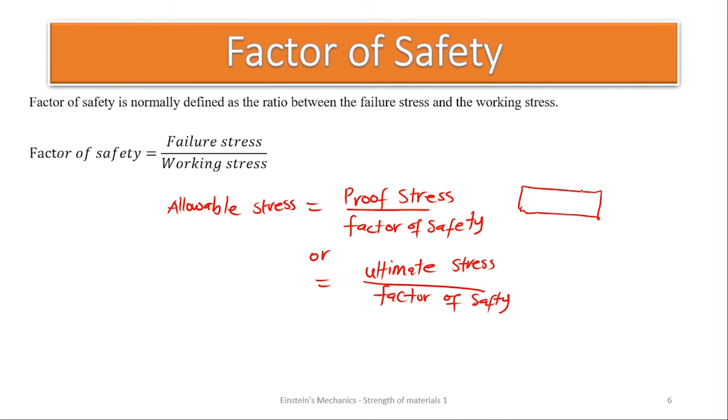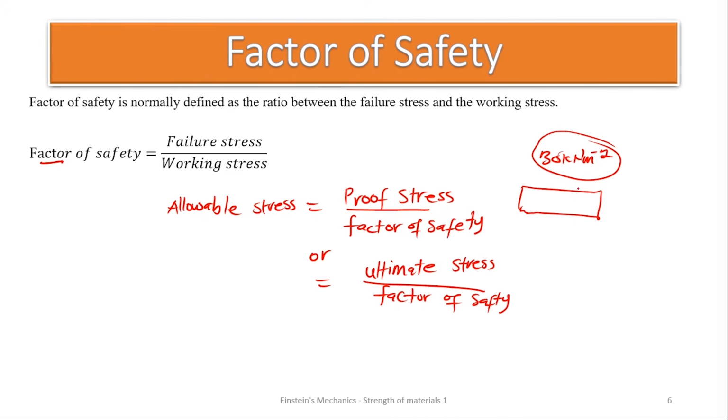And that idea is what we introduce, what we call factor of what? Safety. So if I'm going to work with a 30 kilonewton per meter square stress, I shouldn't choose a material having the exact stress as the one I'm going to induce.